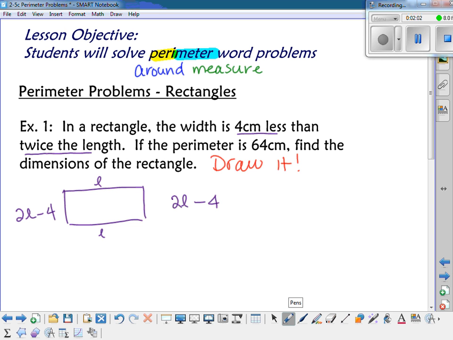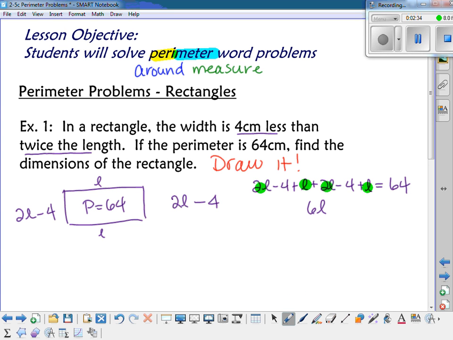Okay, and we said that the perimeter is 64. So to find out what the length is, I can add all the sides together. So I've got 2L minus 4 plus L plus 2L minus 4 plus L, and that has to all add up to my perimeter of 64. So if I combine like terms, I've got 2L, 2L, and L, so I have a total of 6L.